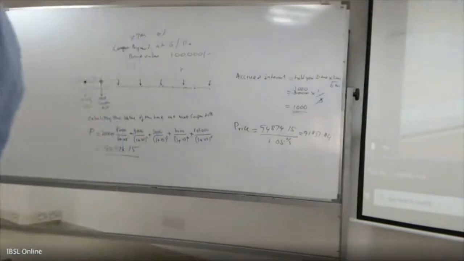So how can you get the accrued interest, assuming that it's also a half yearly payment? Just tell me, 3 years and 5 months remaining maturity.